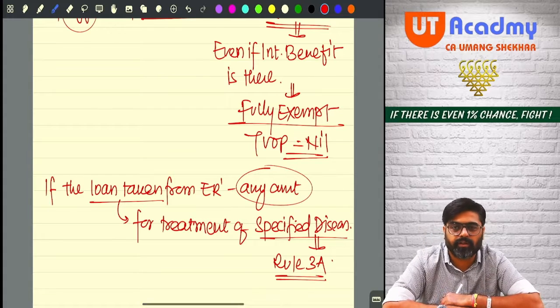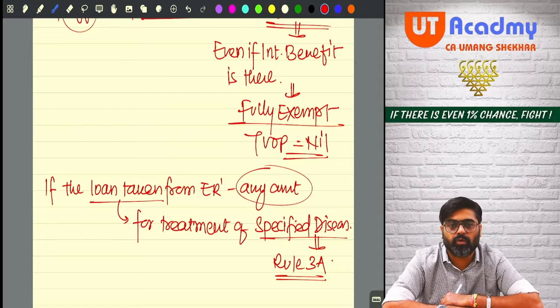There are certain diseases which are prescribed or specified in Rule 3A of the Income Tax Rules. You are supposed to go to the income tax rules, go to Rule 3A, and you will find many names of diseases. All those diseases are specified diseases. Dangerous diseases.